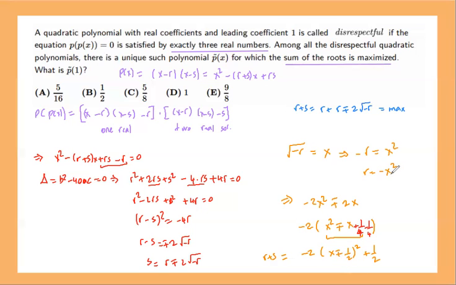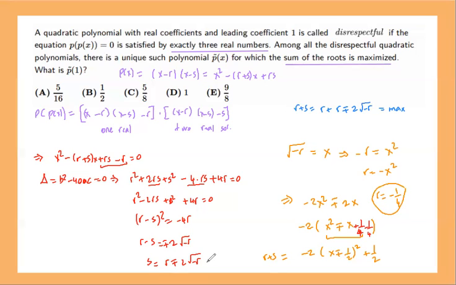So if x is negative 1/2 or positive 1/2, x squared will be 1/4. So r will be negative 1/4. That is something, right? And then if r is this guy, I can replace it right here, because the question was asking p of 1, which means I just need r and s.